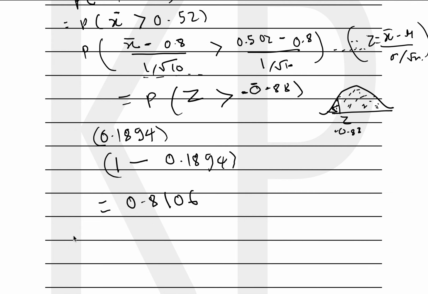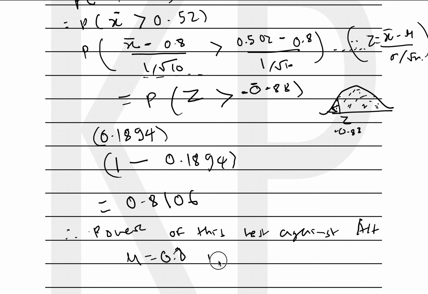So therefore we say that the power of this test against the alternative hypothesis mu equal to 0.8 is 0.8106. So that's our final answer as power.